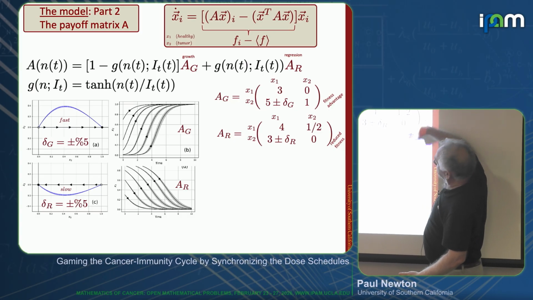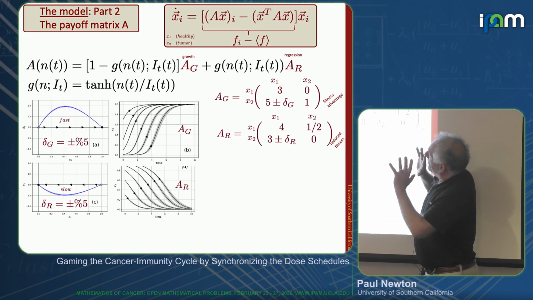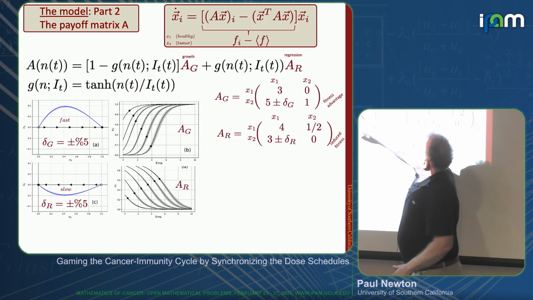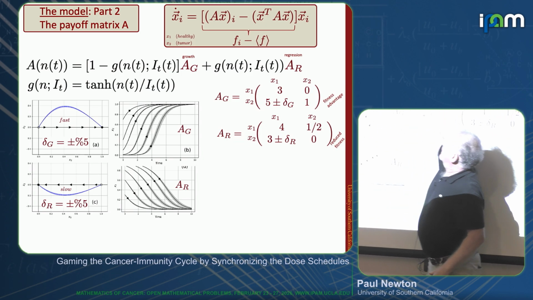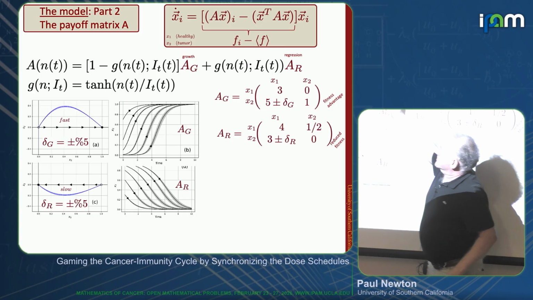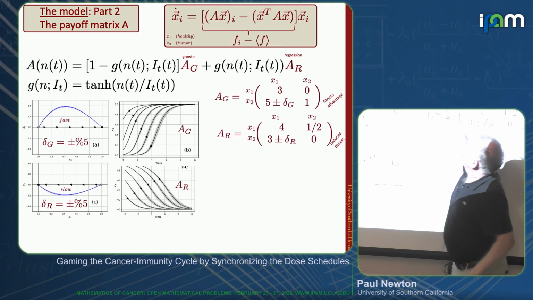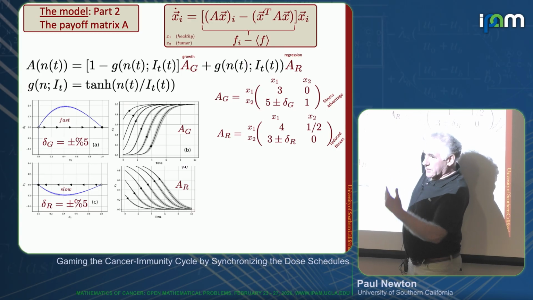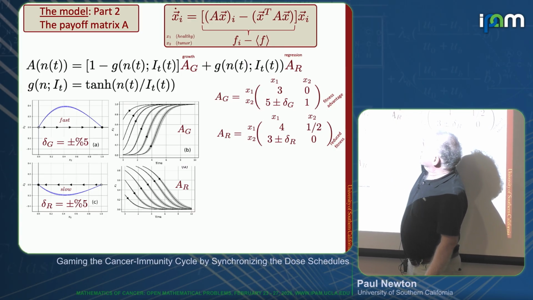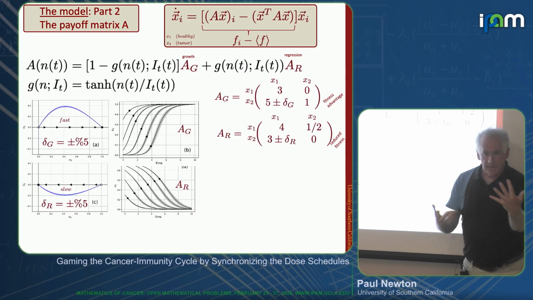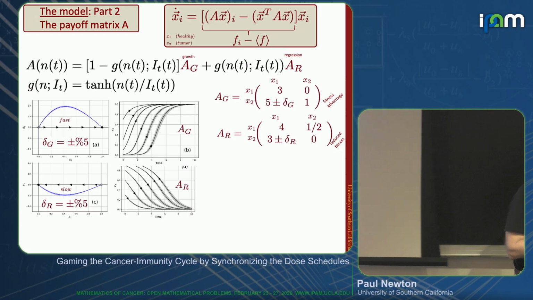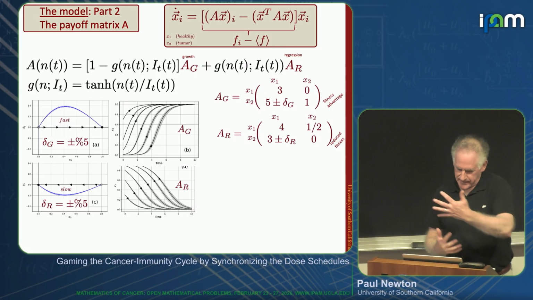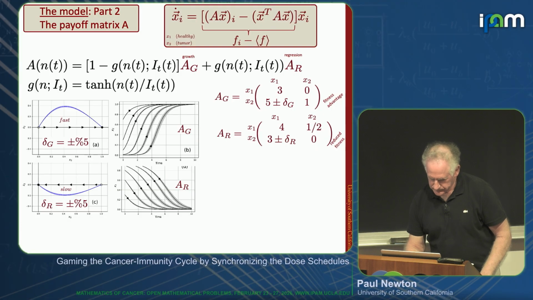But what's key is that we take a convex combination of these two matrices through this function, 1 minus g and g. And g is a function of the T cell population, and that tells you when you switch from growth to decay and then back.